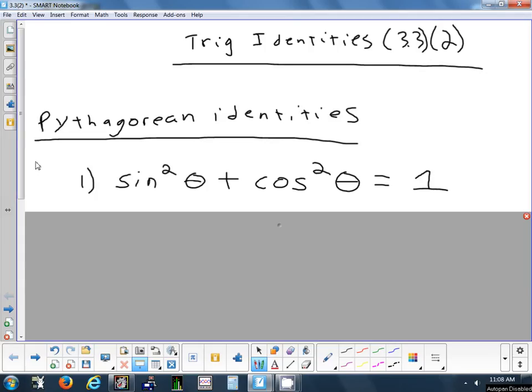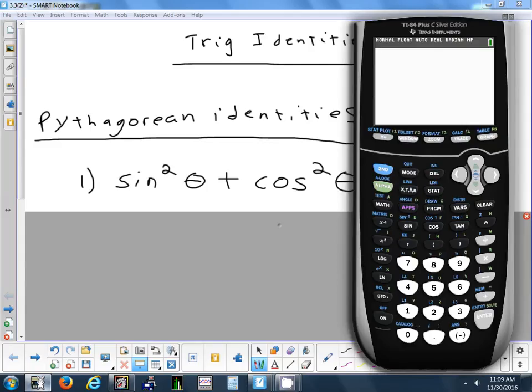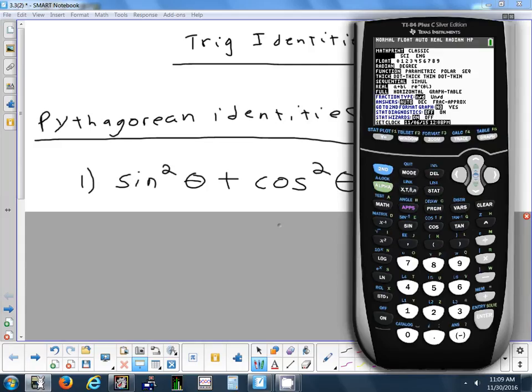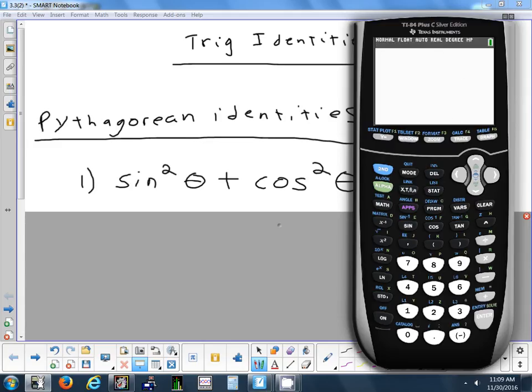What's really nice about this is anytime you get a problem and you end up with a sine squared plus a cosine squared, it all just disappears and turns into a 1. What that's basically saying is if you take the sine of any angle, somebody give me an angle. It doesn't matter what. 91.